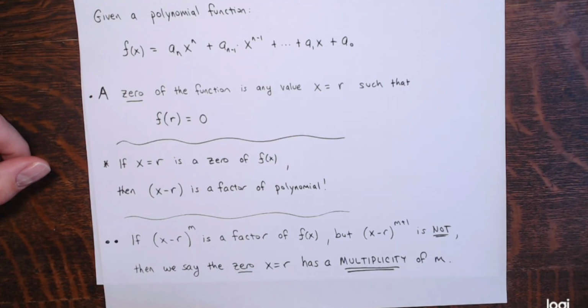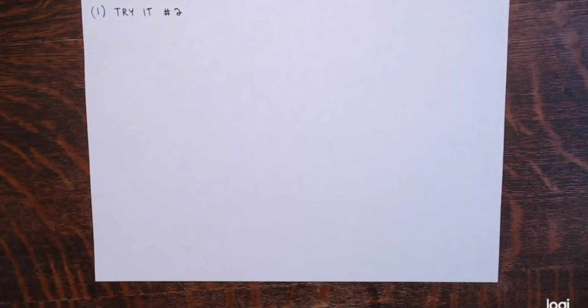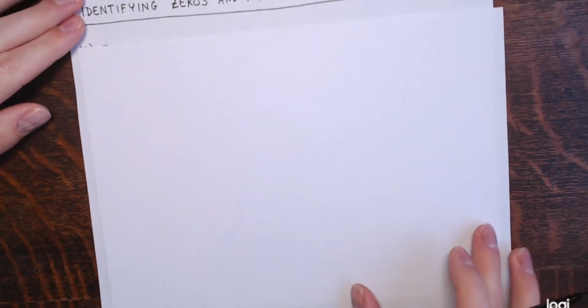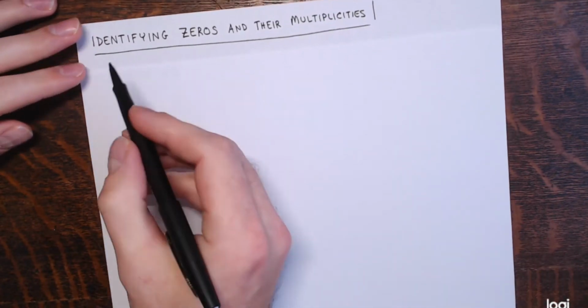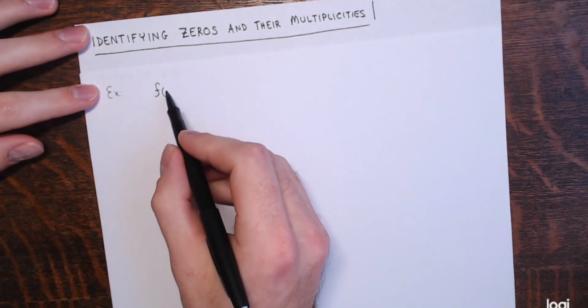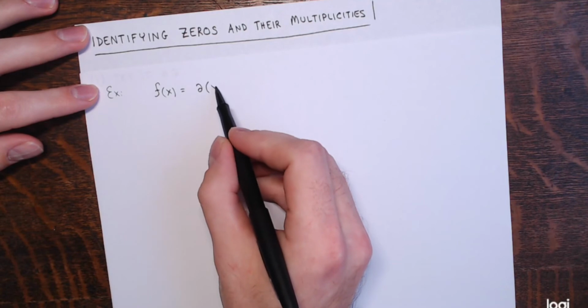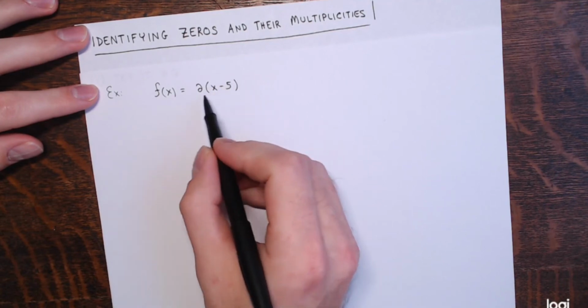So some examples of this, and I'll also show you some graphs, and then we'll get finally to the try it problem. So some very simple examples. Say f of x was equal to 2 times x minus 5, or 2x minus 10 if you distribute the 2.